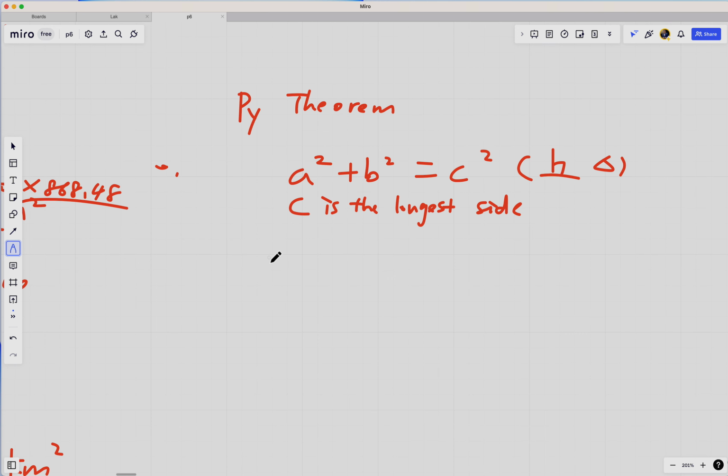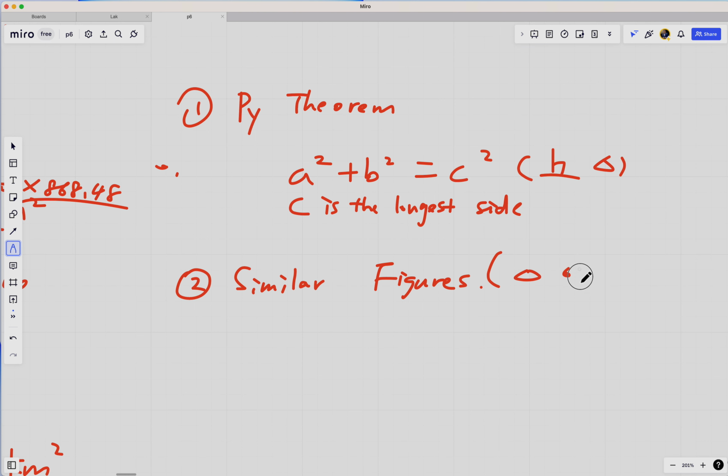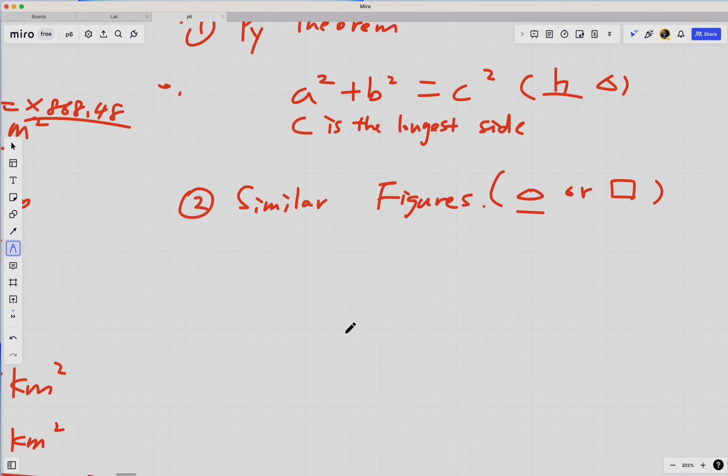The second new idea we learned is similar figures. Actually, similar figures are triangles or quadrilaterals, which are four-sided, but we mainly use triangles to illustrate. Let's say they say this triangle is similar to this triangle.